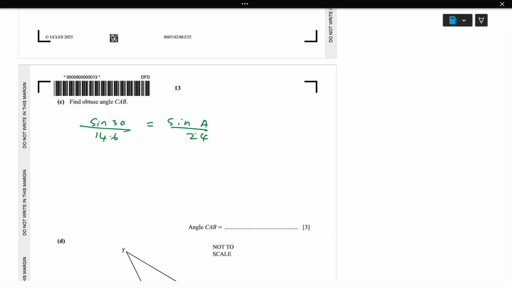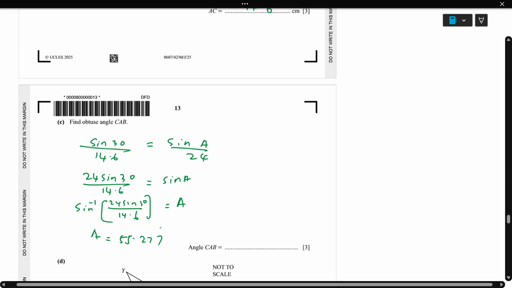Make sine A the subject, so 24 sine 30 over 14.6 equal to sine A. We need to find A, so sine inverse of the entire thing is going to be A. So here, 24 sine 30 over 14.6, we get the answer A equal to 55.277.